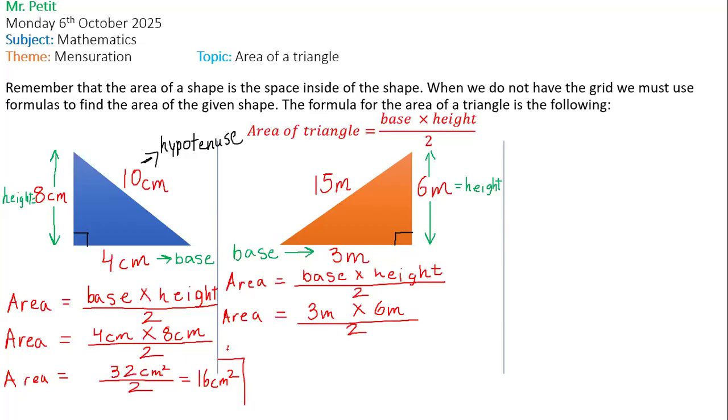So area is equal to, what is 3 meters times 6 meters? 18 meters squared. Very good. And we have to divide it by 2.